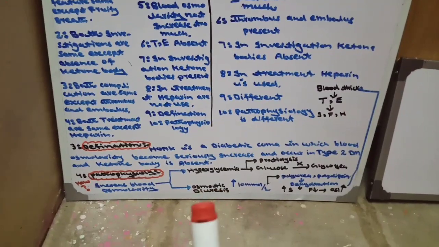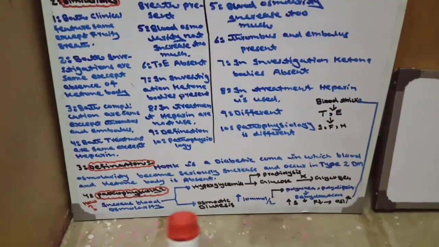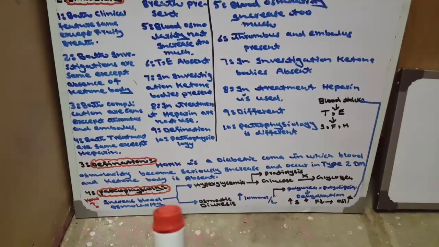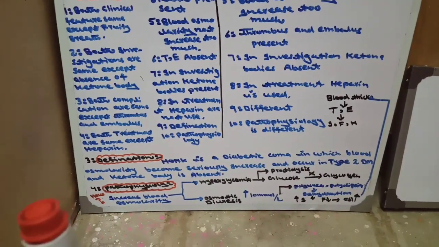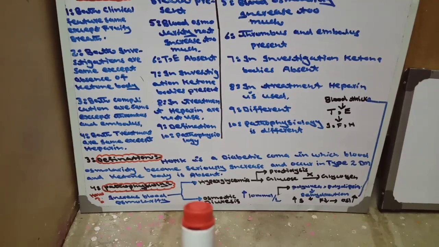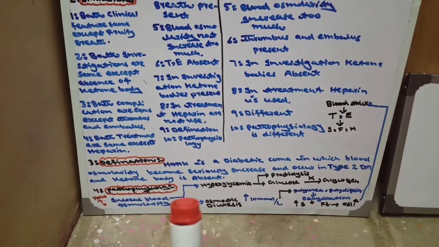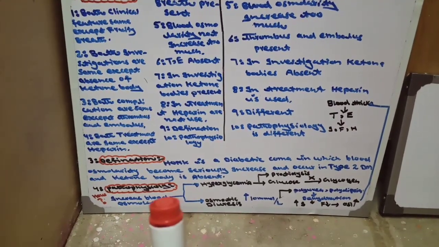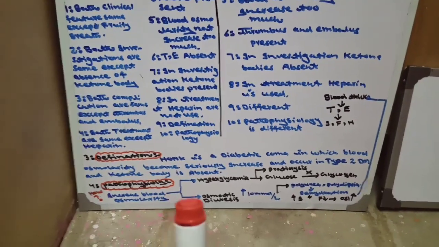We already studied what osmotic diuresis is. Basically, in our kidney, 100% reabsorption of glucose occurs in the proximal convoluted tubule.